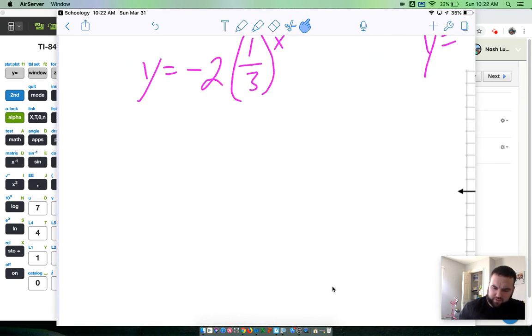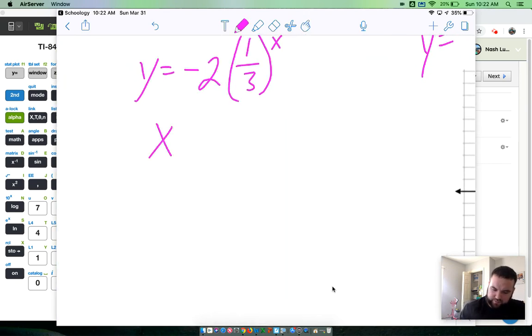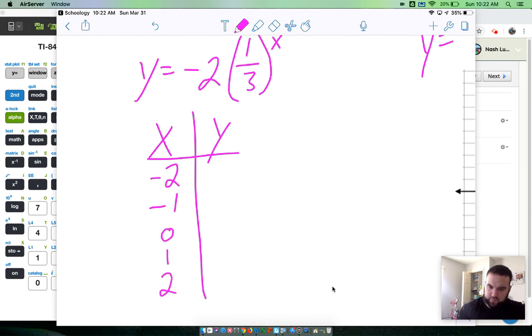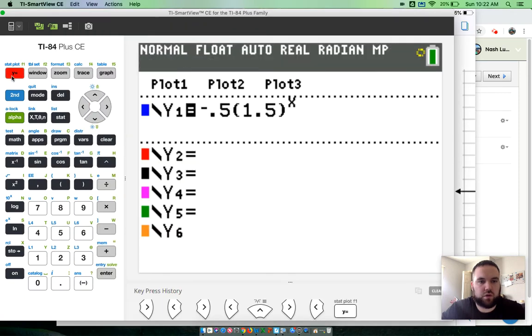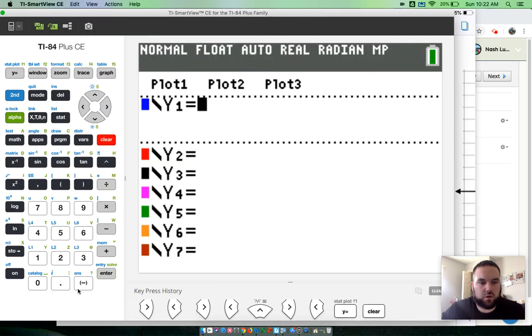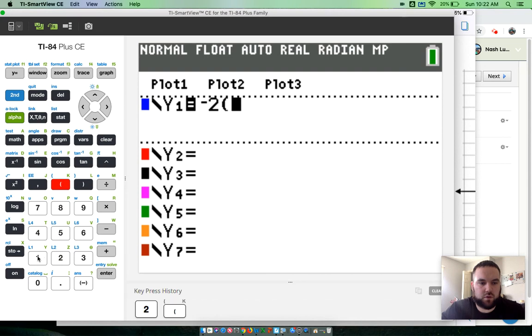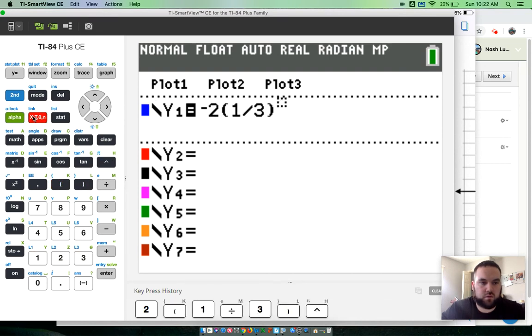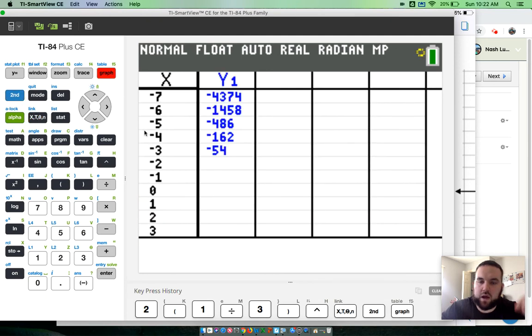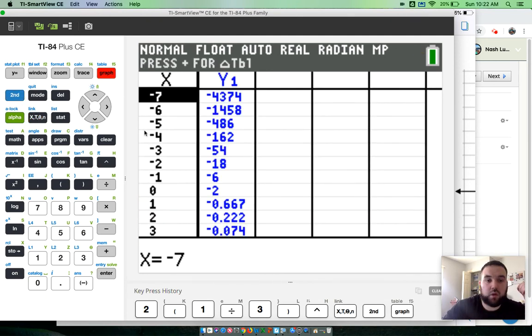So what I'm going to do is make a table of values for this in the calculator. I'm going to go from negative 2 to positive 2: negative 2, negative 1, 0, 1, and 2. I'm going to type that in, negative 2 times 1/3 to the x power. Okay, I'm going to go to the table, sorry.